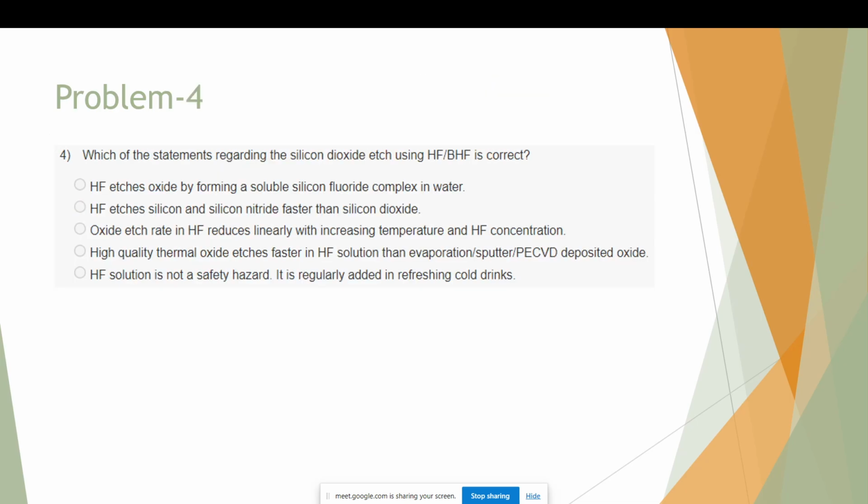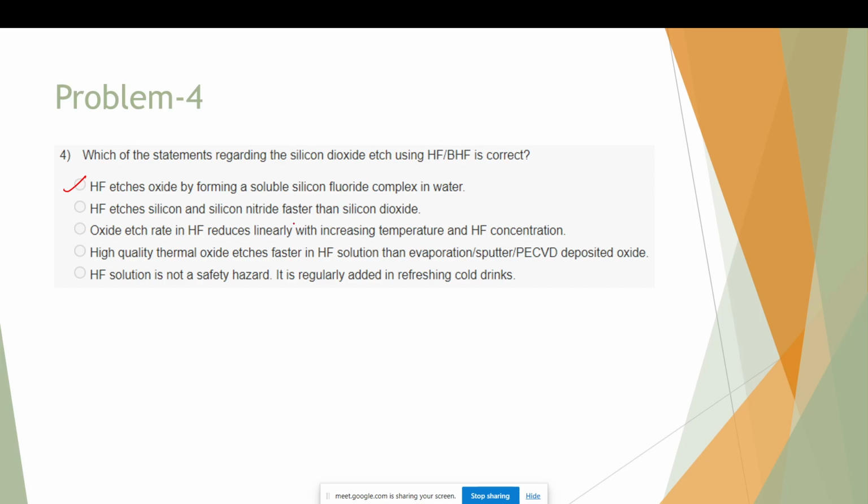Which of the statements regarding the silicon dioxide etch using HF-BHF is correct? HF etches oxide by forming a soluble silicon fluoride complex in water. Yeah, so this is correct. HF etches silicon and silicon nitride faster than silicon dioxide.